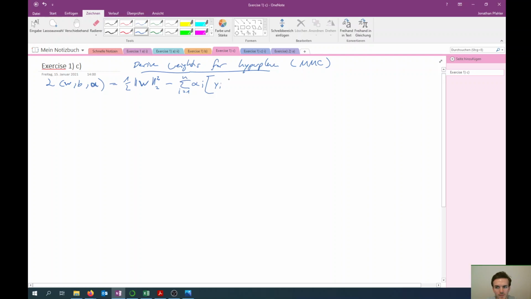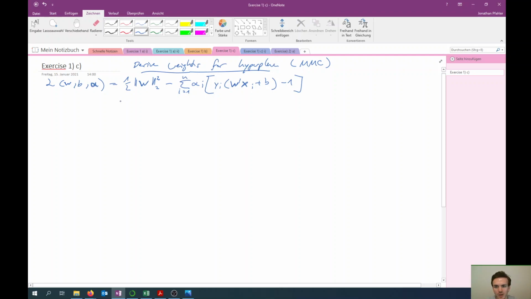I think you should be all familiar with this. This is just the Lagrangian of the optimization problem that we had before.